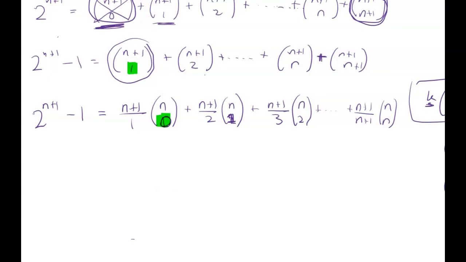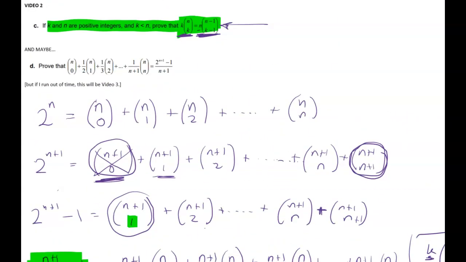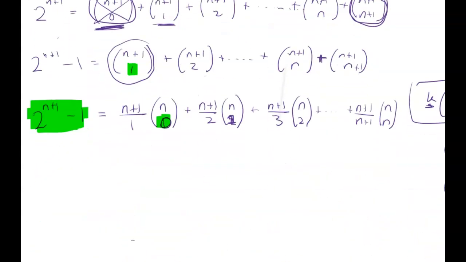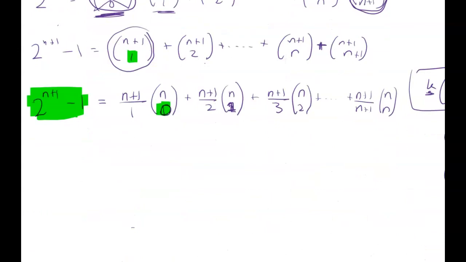Well, I'm going to look back at where I'm trying to go with the proof, because so far I've worked with 2 to the n plus 1 take away 1. But that's not what I was being asked to do. I was being asked to divide all of that by n plus 1. So finally now, the right-hand side is 2 to the n plus 1 minus 1 over n plus 1. And you can see that you've got this constant in all of them, the n plus 1 here.